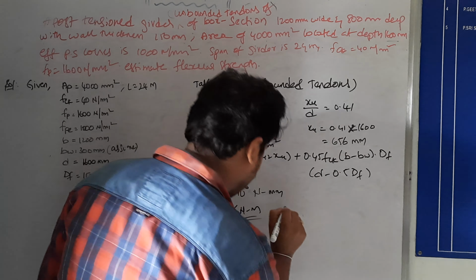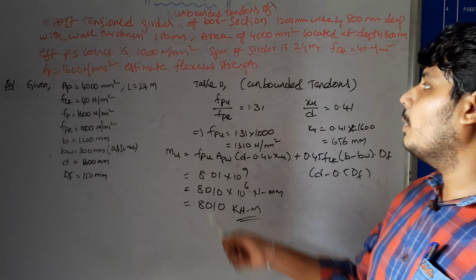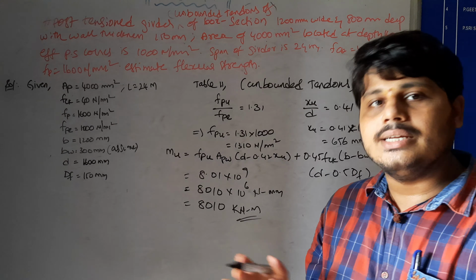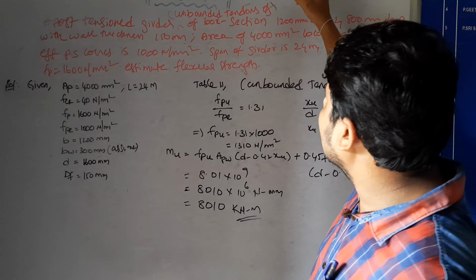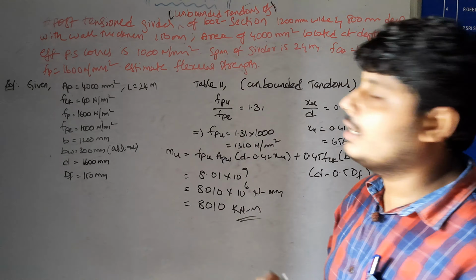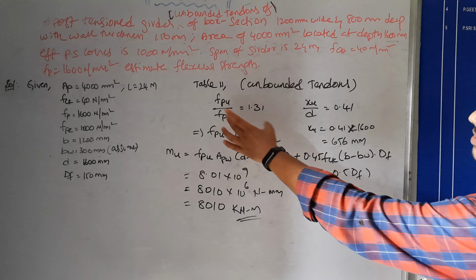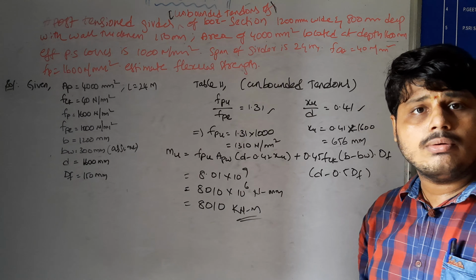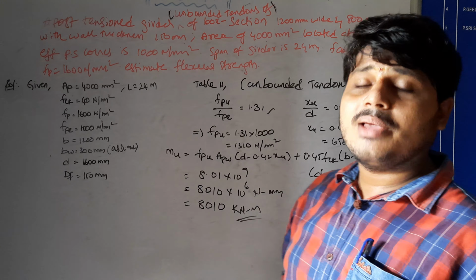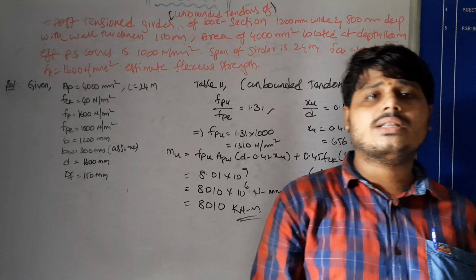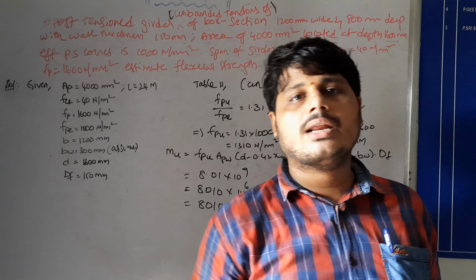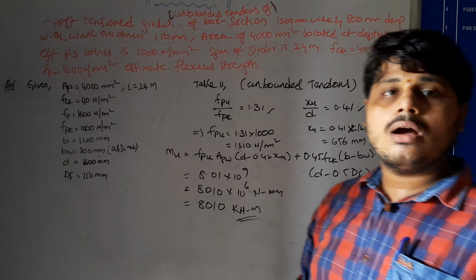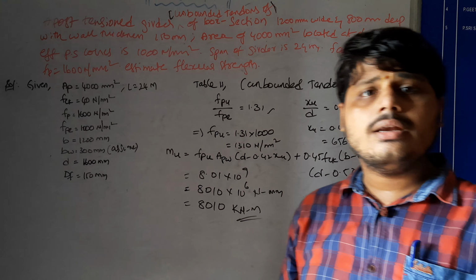So this is how we solve the T section or girders; the main concept I have told is the formula for unbonded tendons. Please remember these values FPU by FPE, XU by D. These are the values we substitute from table 11 of IS 1343. When the doubt class arrives, we will solve problems for this. I will say how to take these tabular values in the doubt class.